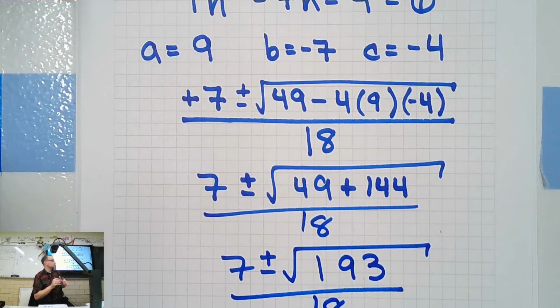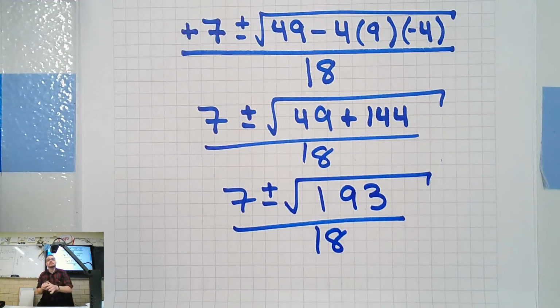Is 193 prime? Let's find out. We want to know if 193 is prime. Yes. So we need to check up to root 193, right? Let's estimate root 193. Give me a root slightly bigger than that. We know 144. That's smaller.